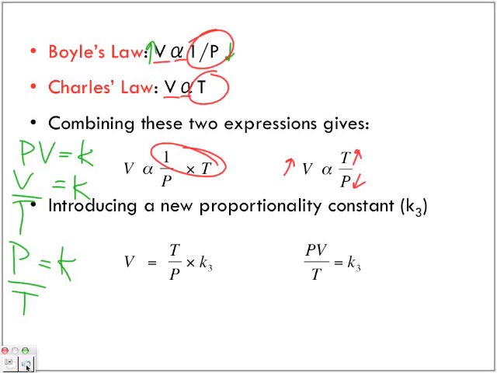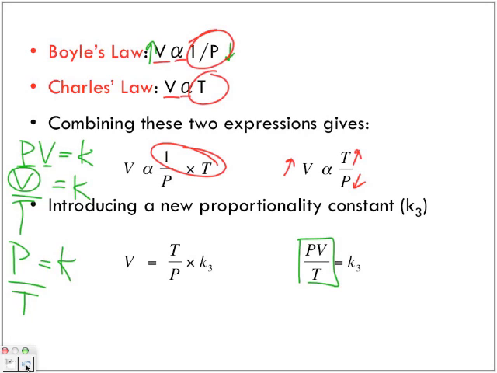Right? Notice how T was always in the denominator position with all these constants. Notice how P and V were in the numerator, and notice how V is multiplied by P, and we end up getting our proportionality constant in the same order that we would combine all three of these gas laws together.